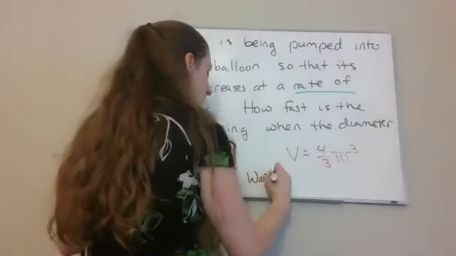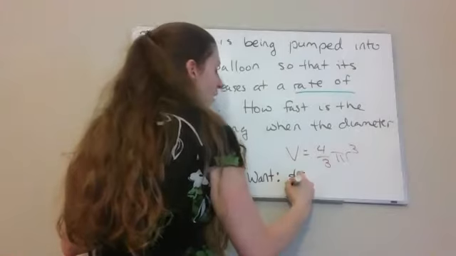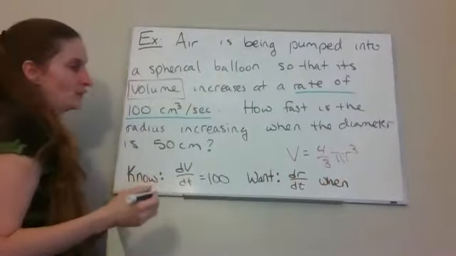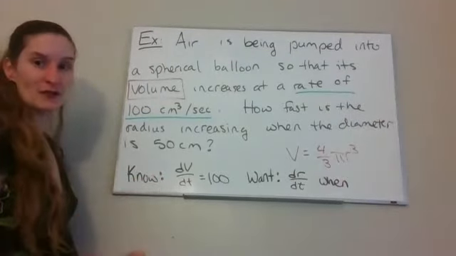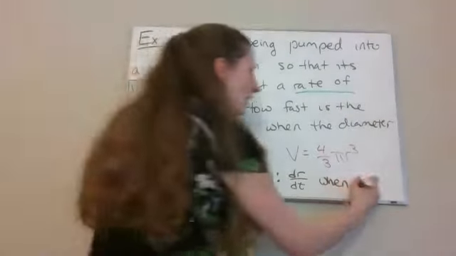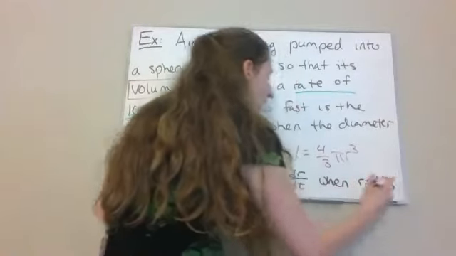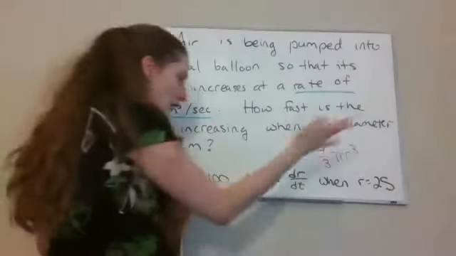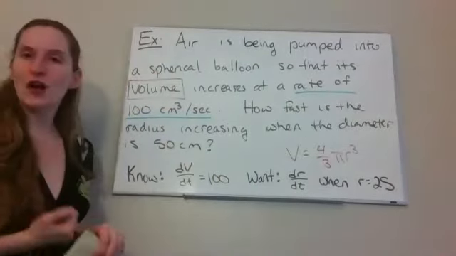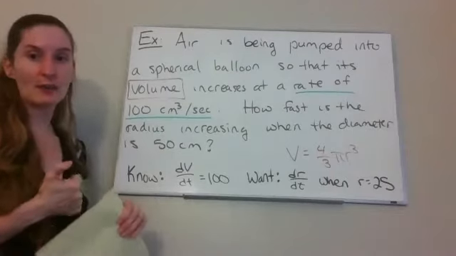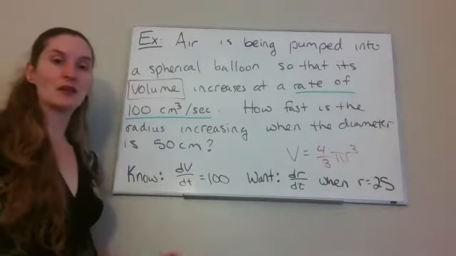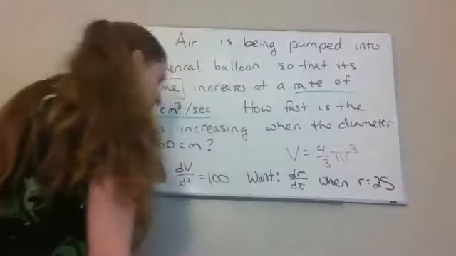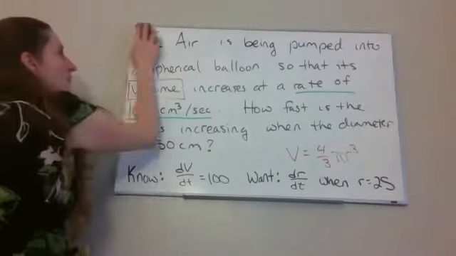Something that we want is dr/dt when our diameter is 50. Well, the diameter being 50 means my radius is going to be 25. The only reason I'm converting that to the radius is because our equation here relates volume and radius. It doesn't have a diameter in it, so I converted it into the variable I'm actually going to use. So we have everything we need to do this problem right here.